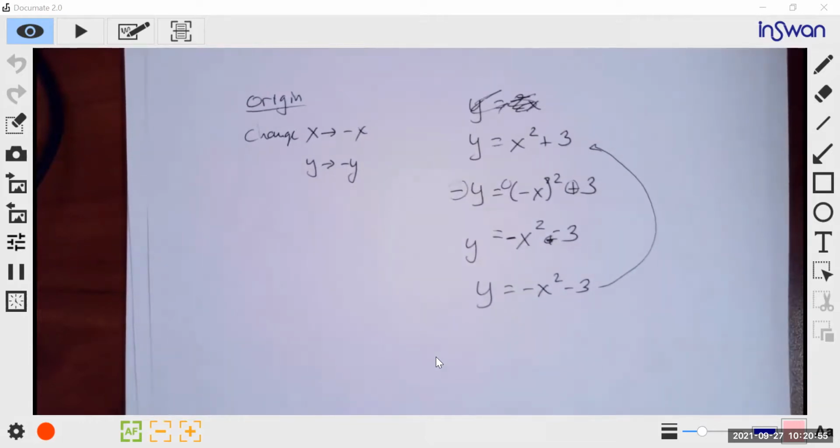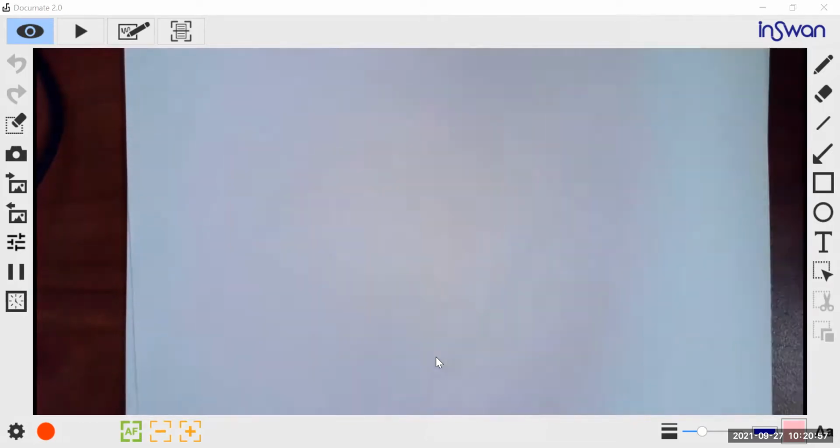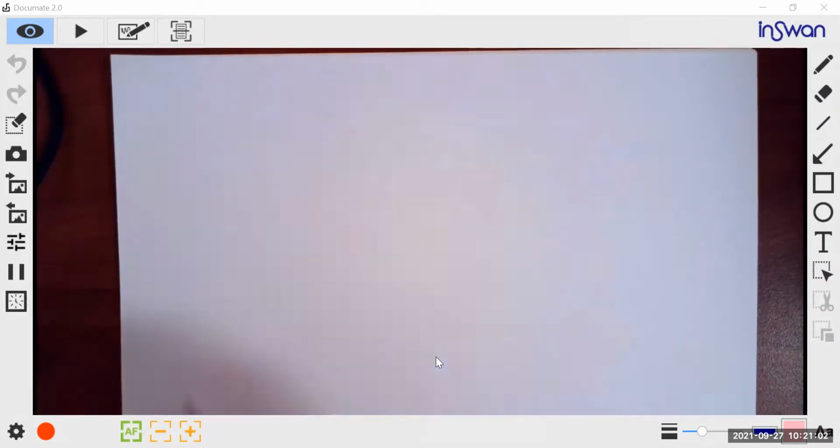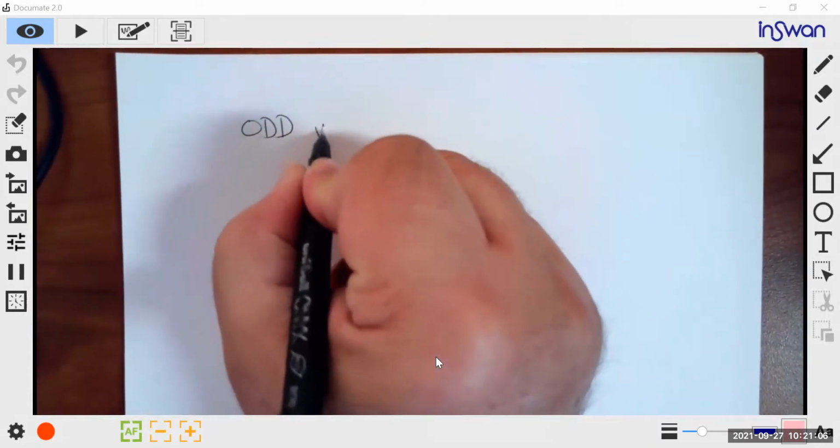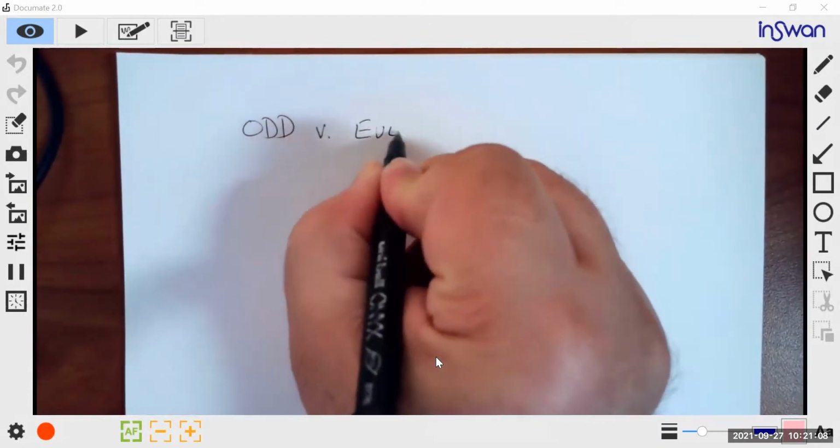With odd and even functions, we describe two conditions of them. Are they odd or are they even functions?